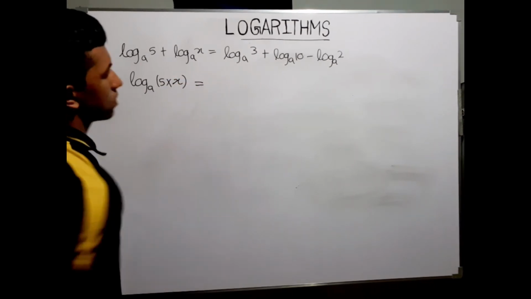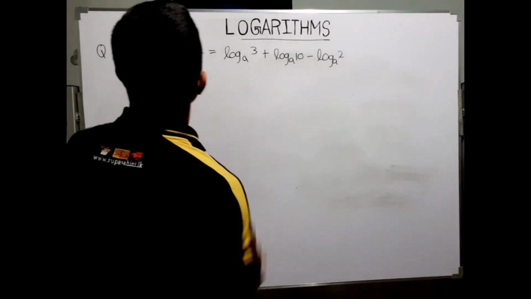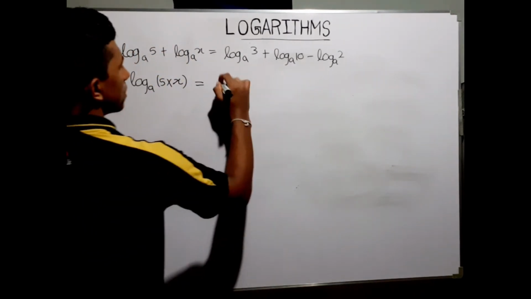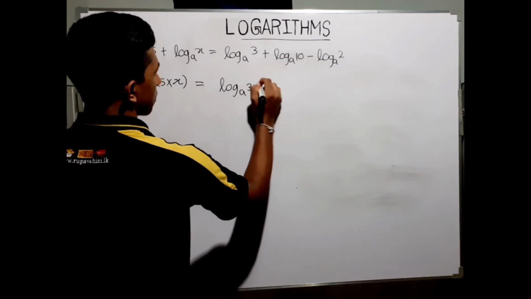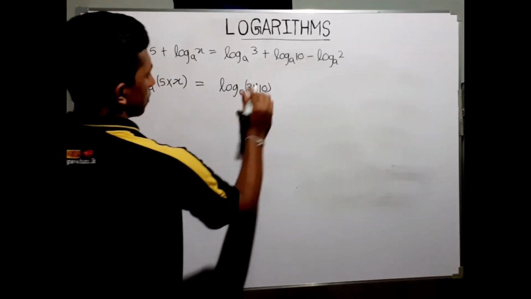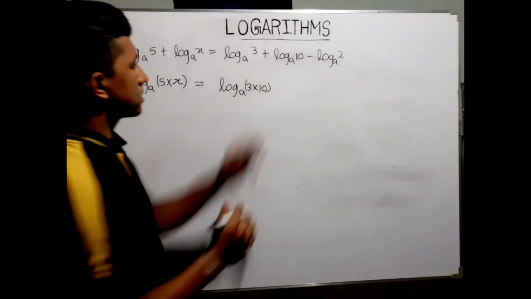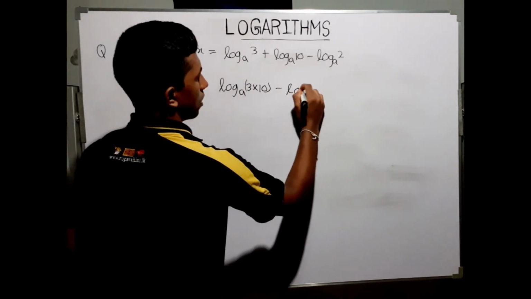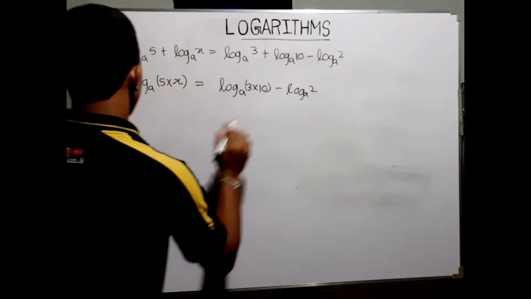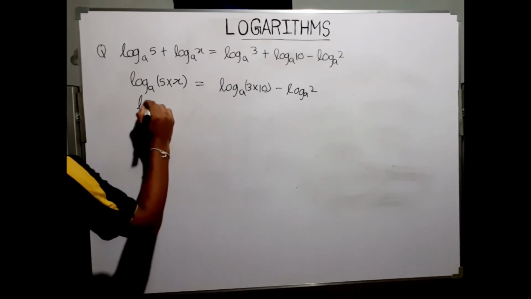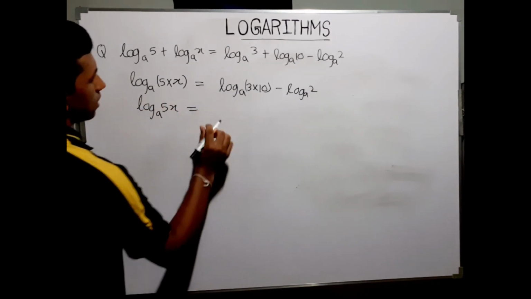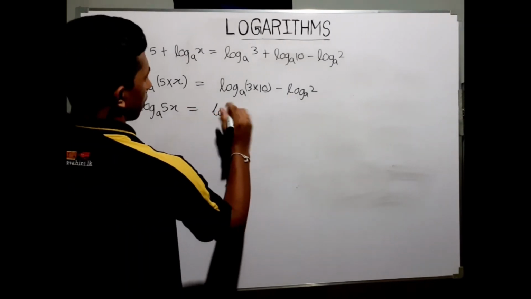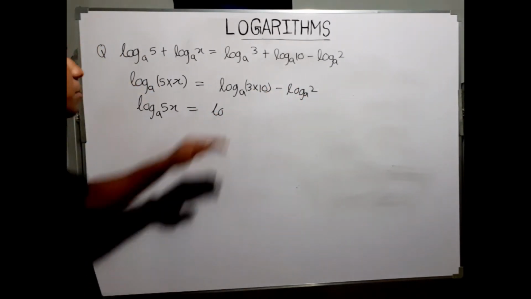So this is equal to, now these two as well follow the same concept as those two. So we can write it as log value of 3 to the power 3 into 10 to the base a, and this minus log a 2. Now further we can write this as log value of 5x to the base a is equal to, now if you look at this, these two are minus.